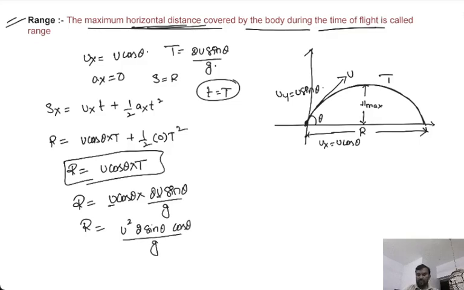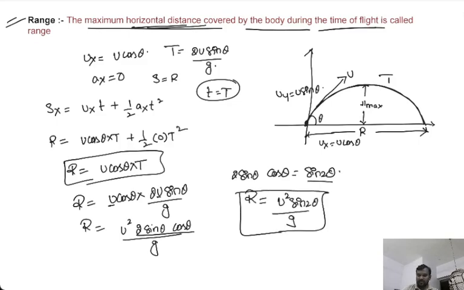We know the formula 2 sin θ cos θ is equal to sin 2θ. So in this place you substitute sin 2θ, then the range formula R is equal to u² sin 2θ divided by g. This is the formula for range.